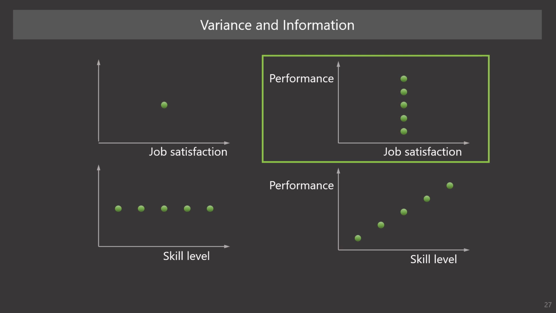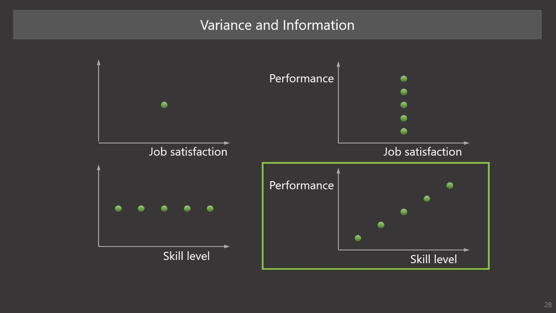In other words, the level of job satisfaction is the same irrespective of their performance level. So, job satisfaction is useless for predicting performance level. Let's see the lower right plot, which represents the skill-performance relationship. Since both skill and performance are widely dispersed, it is possible that we can find a clear relationship between them.